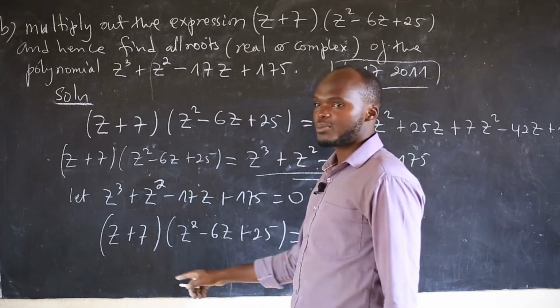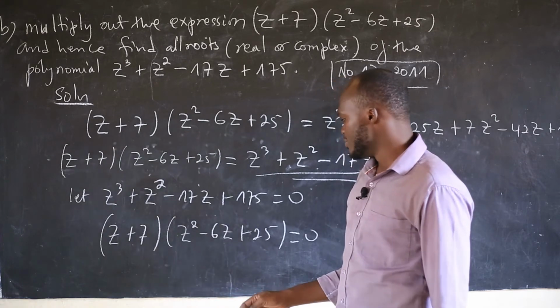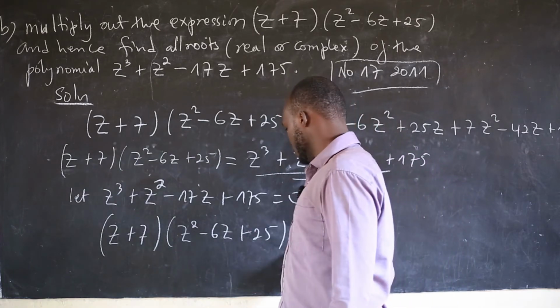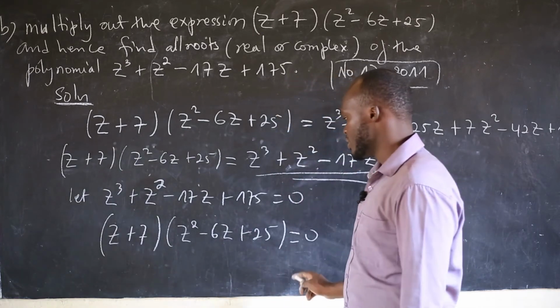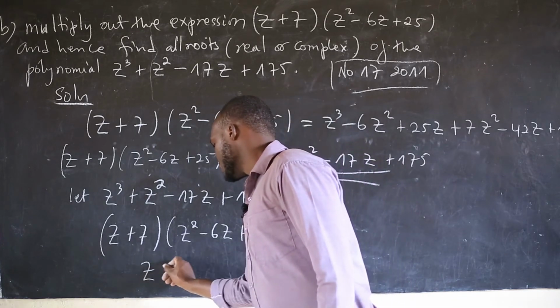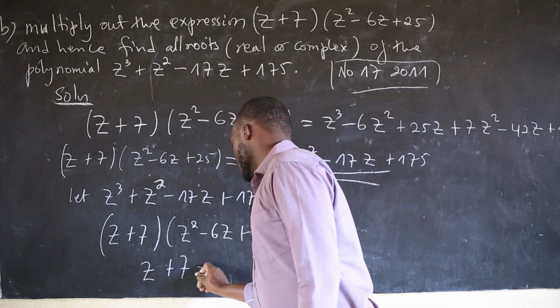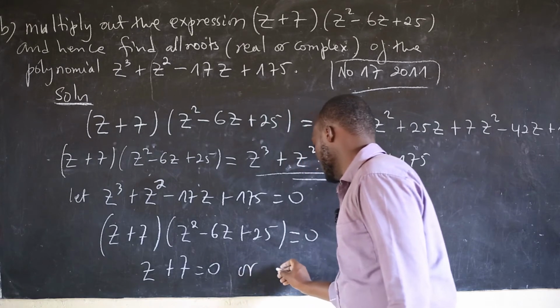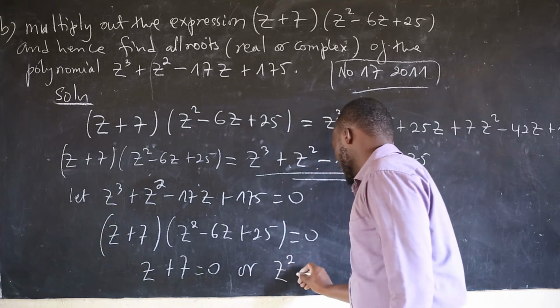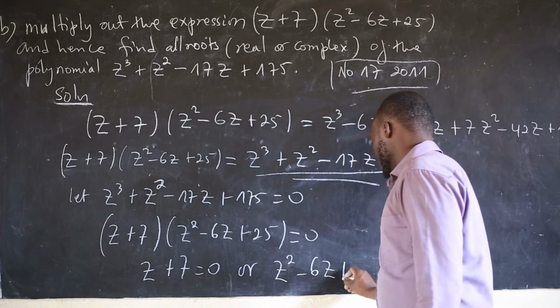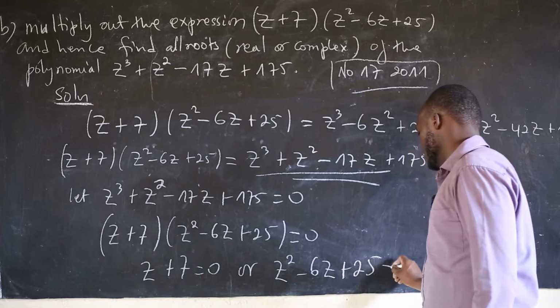When you have two products equal to 0, it means that this one is equal to 0 or this one equal to 0. So z plus 7 equal to 0 or z squared minus 6z plus 25 equal to 0.